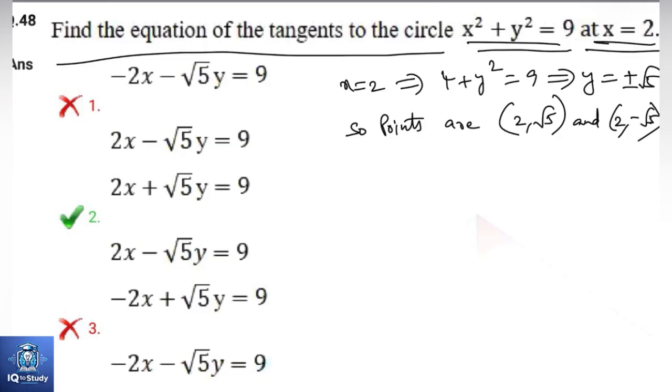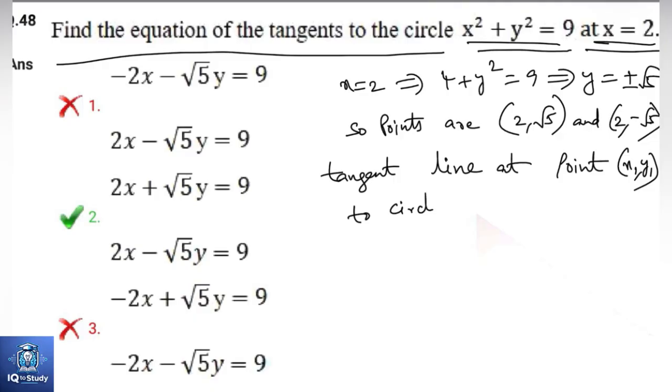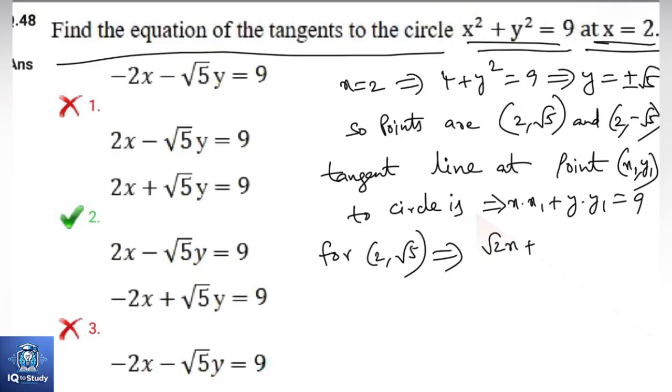Now write the tangent line at point (x1, y1) to the circle. It is equal to x into x1 plus y into y1 is equal to 9. For (2, root 5), it implies 2x plus root 5 y is equal to 9.